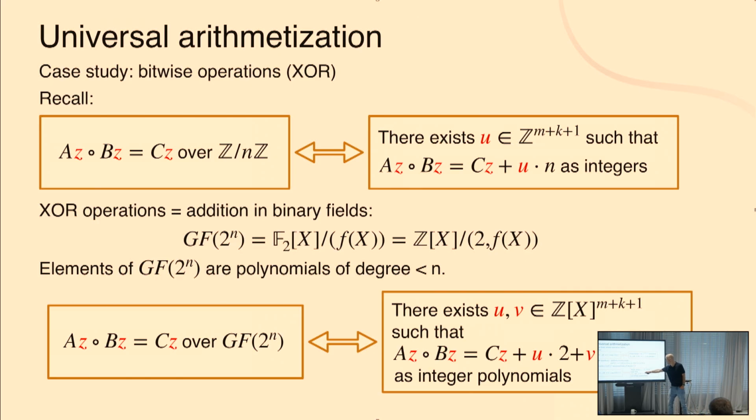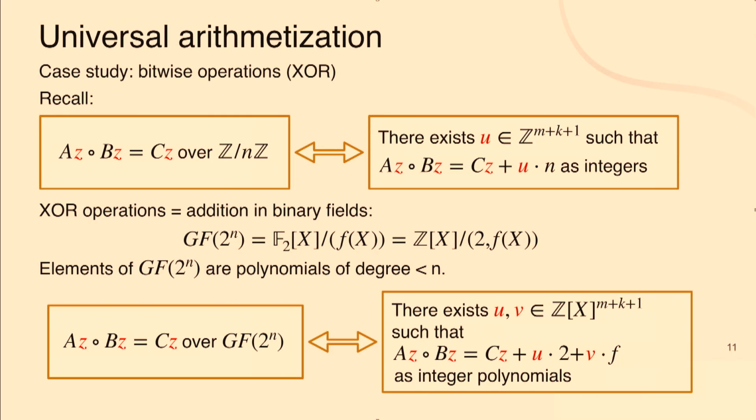This is just the initial R1CS constraint, plus a vector that's a multiple of 2, and a vector that's a multiple of this irreducible polynomial. So we add these two extra witness vectors, and we can prove this constraint here.